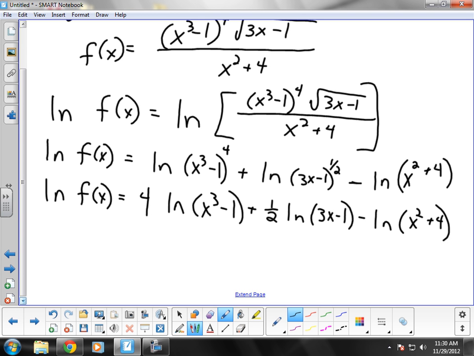Good. All right. So now when I take the derivative of the ln of f of x, that gives me the derivative of f of x with respect to f of x. Okay? The derivative of f of x with respect to f of x. I took the derivative of it.